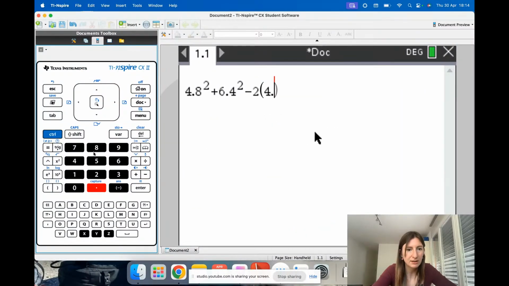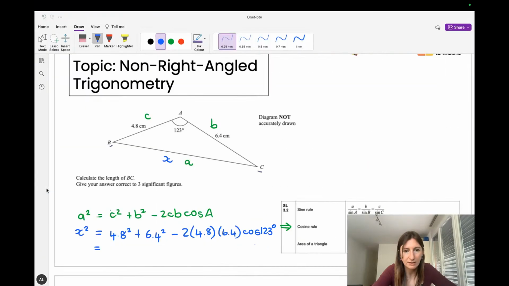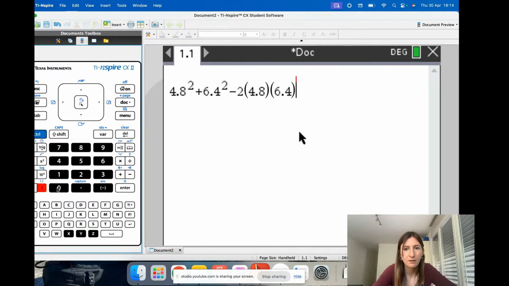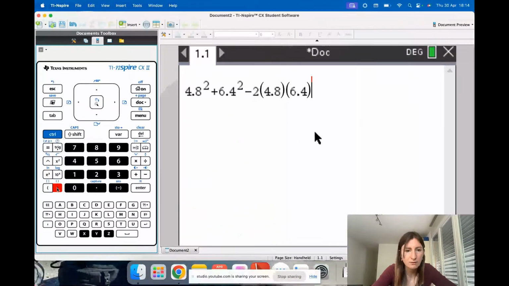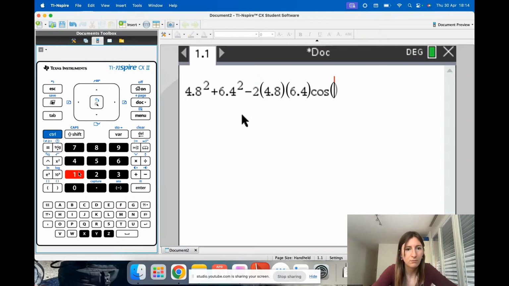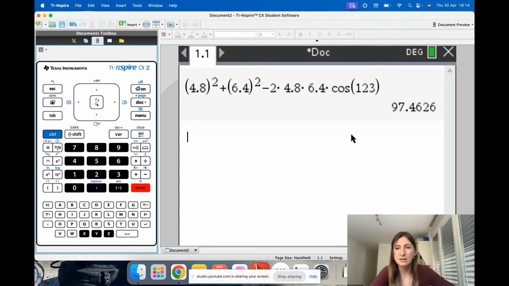It's another thing that I see so many times, that people don't use brackets nearly enough and get confused. 6.4 cos 1, 2, 3. Trig cos 1, 2, 3. And I'm in degrees, so all is good. I've got all my brackets. There we go. 97.5 to 3 significant figures.